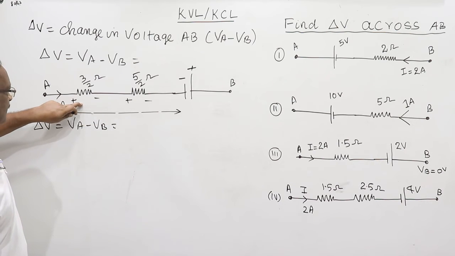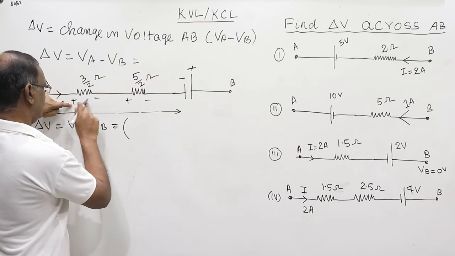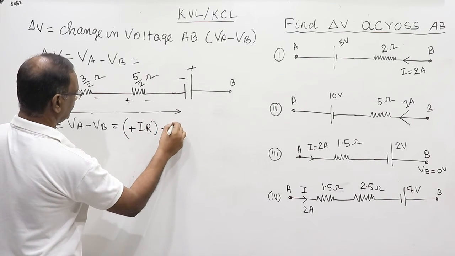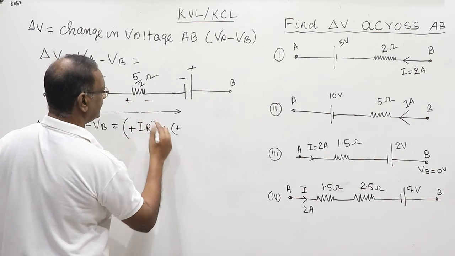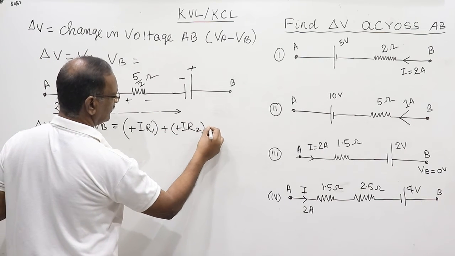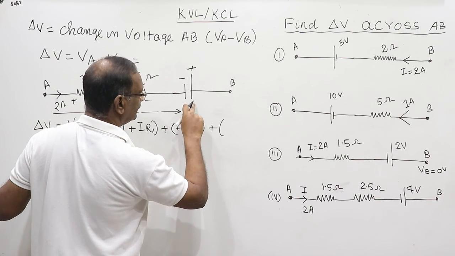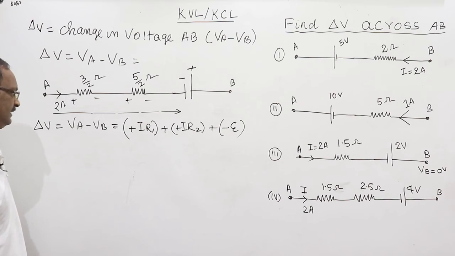When we move from here, the voltage drop, plus to minus, is plus I into R1, plus I into R2, because we move positive to negative. Plus, we are moving negative to positive of the battery, so minus V. This is the voltage.